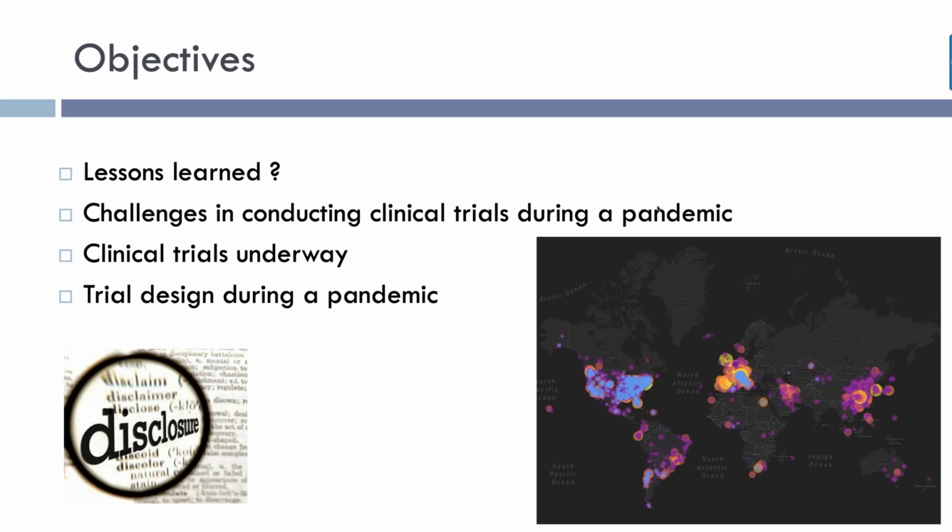And we certainly see that to some extent in our own place, but we recognize there are hotter spots across the country which are resource challenged, making conduct of clinical trials very challenging. Talk a little bit about clinical trials underway, what's been evaluated, what's in the press, what works, what doesn't work. And talk a little bit about perhaps stemming from lessons learned, trial design during a pandemic, and some of the initiatives that are ongoing globally and to some extent regionally in our own centers.